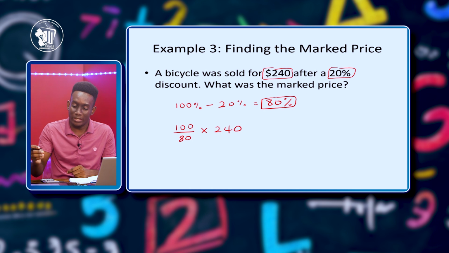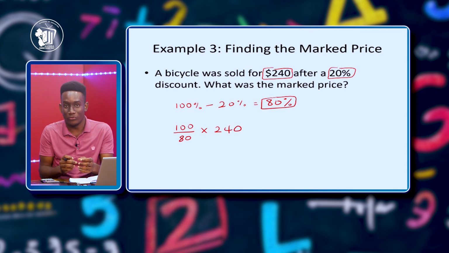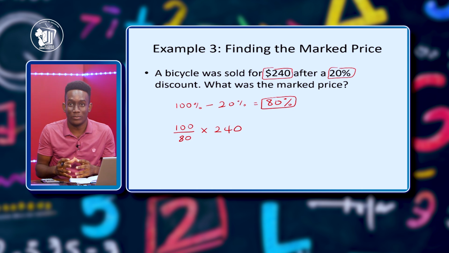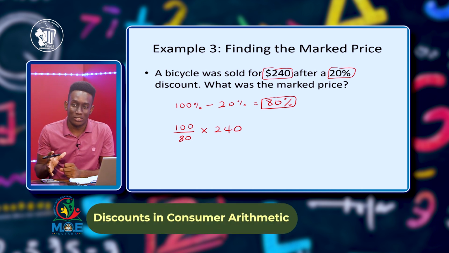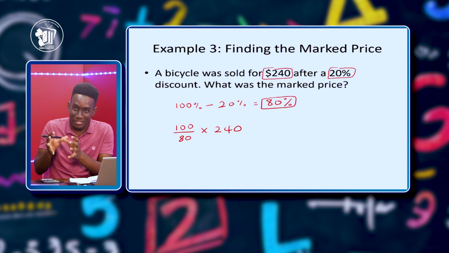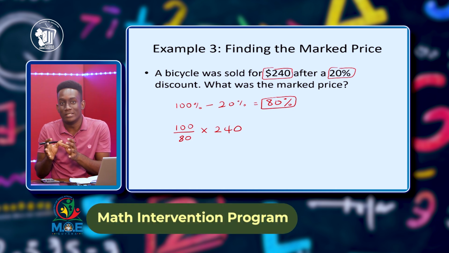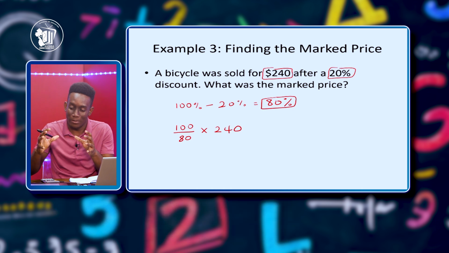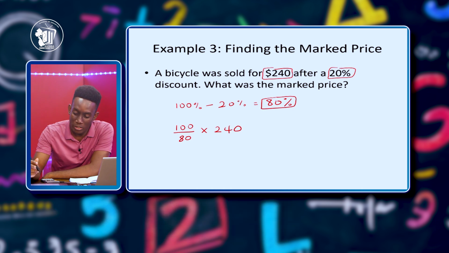So instead of 20 over 100, we'll do the reverse and we'll take the 80, because after we find the 20%, we'll subtract that 20% and that will give you the discount. So we'll take that 80% that remains and we'll put 100 over that and we will find the marked price. So when we work this out, we'll have this 0 cancel out with this 0.